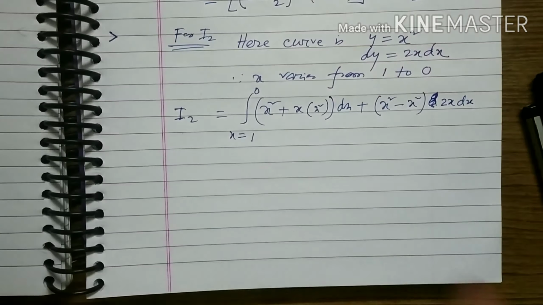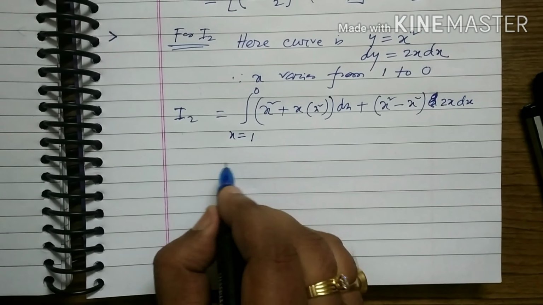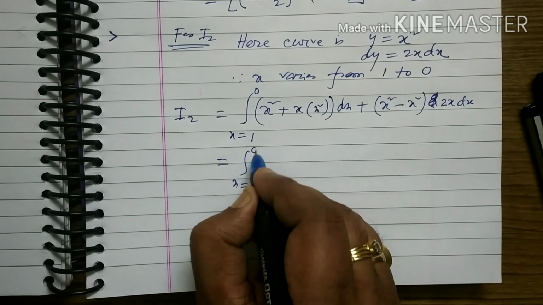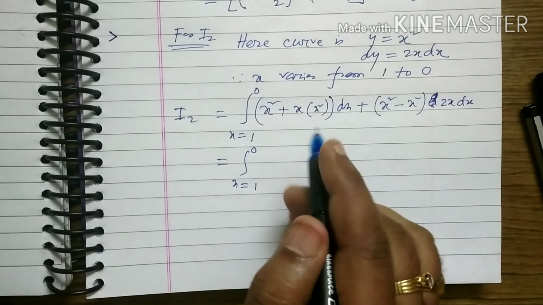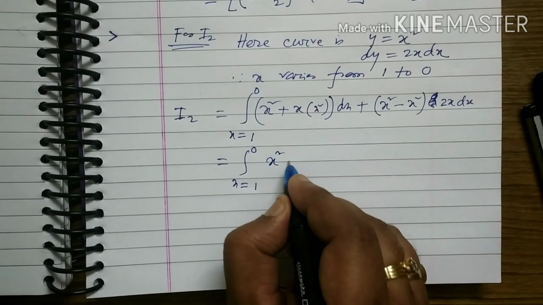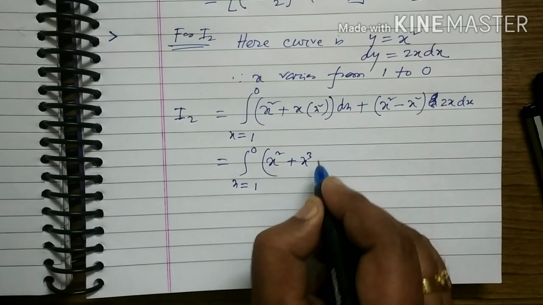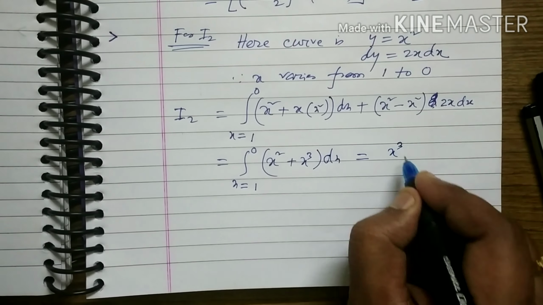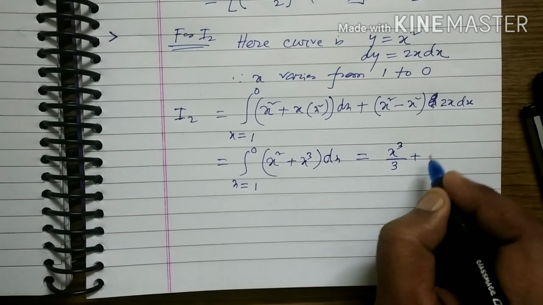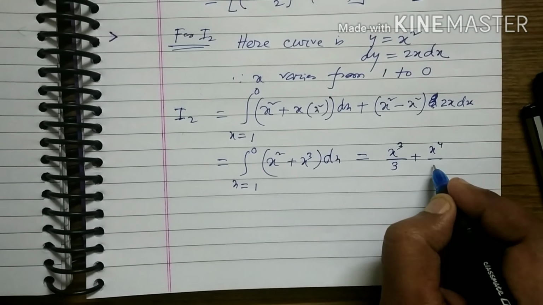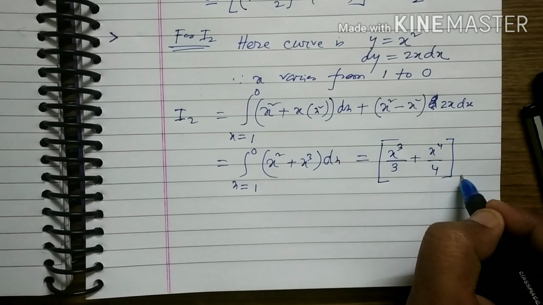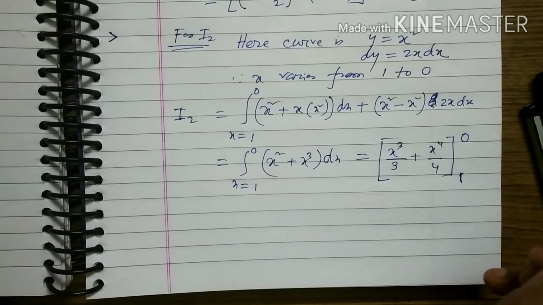So this part is 0 and vanishes. You have the integral from 1 to 0 of x square plus x cube into dx, which equals x cube by 3 plus x to the power 4 by 4, from 1 to 0.